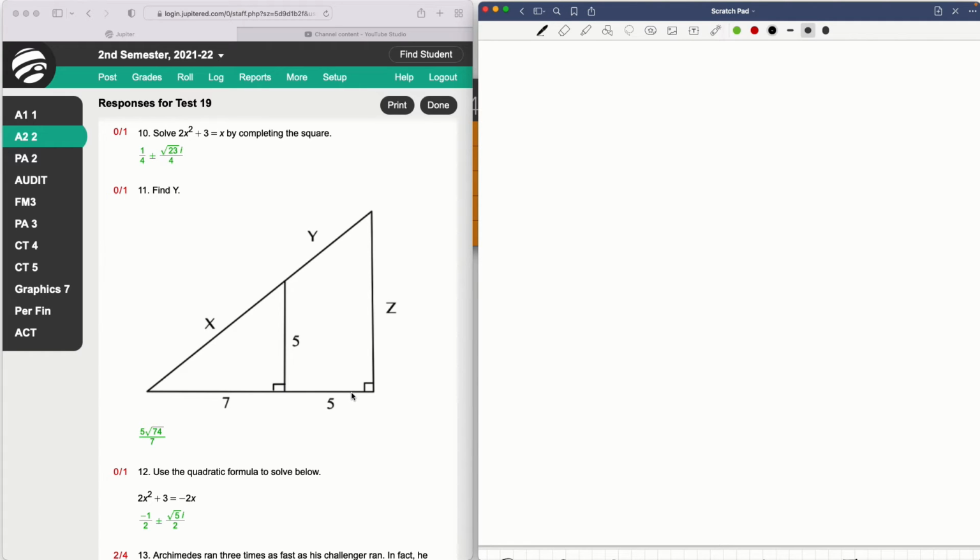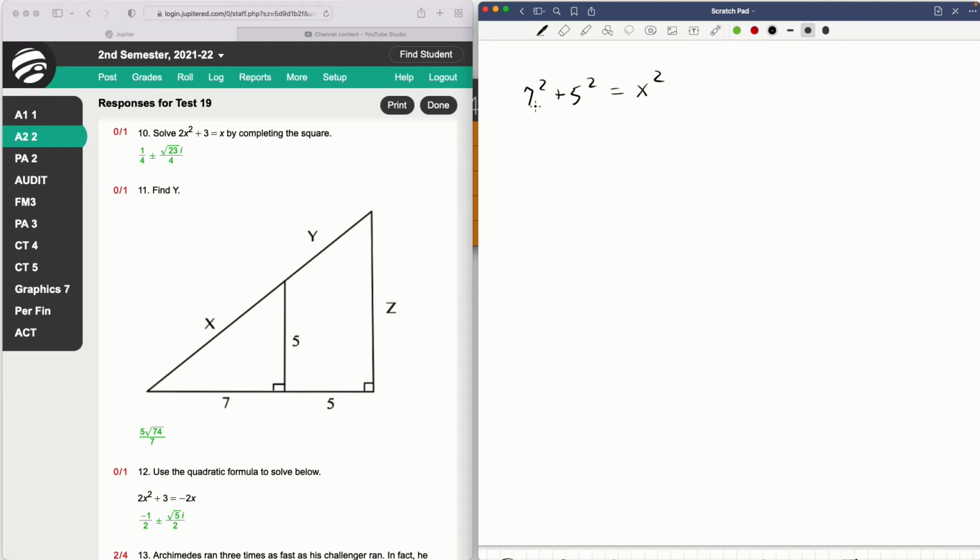All right, so I have x squared is my hypotenuse, and that's equal to 7 squared plus 5 squared, right? You are probably used to seeing it as 7 squared plus 5 squared is equal to x squared. We're finding x is what we're doing. So then that is going to be 49 plus 25 is equal to x squared.